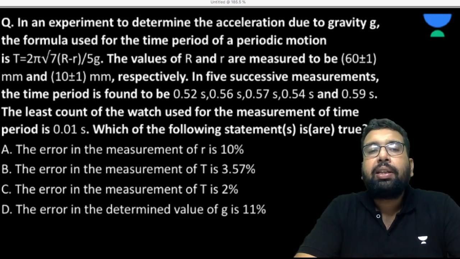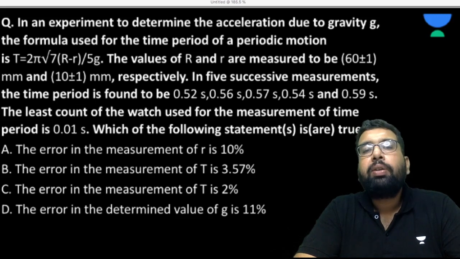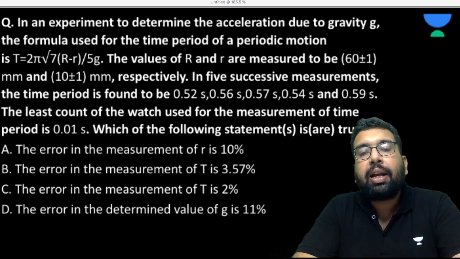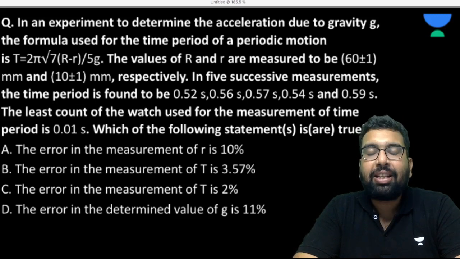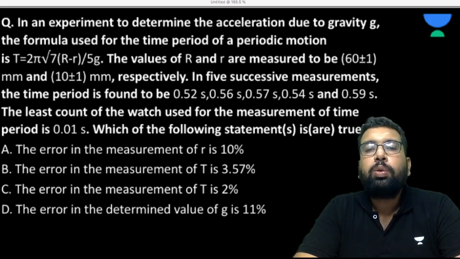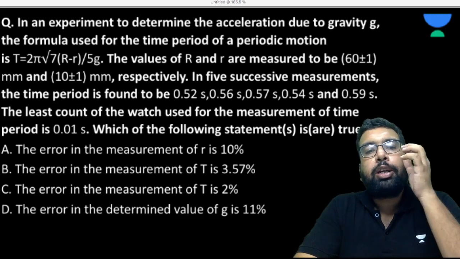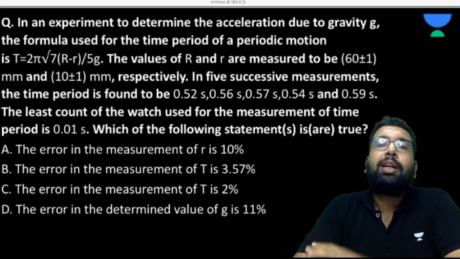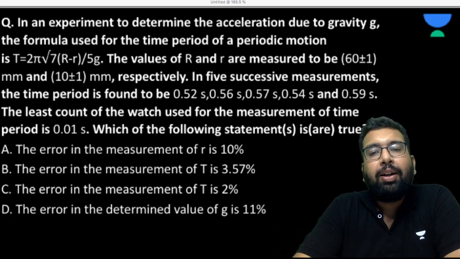In 5 successive measurements, the time period is found to be 0.52 second, 0.56 second, 0.57 second, 0.54 second, and 0.59 second. The least count of the watch used for the measurement of the time period is 0.01 second. Which of the following statements is true?